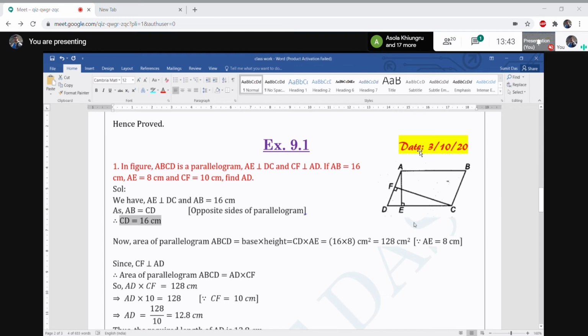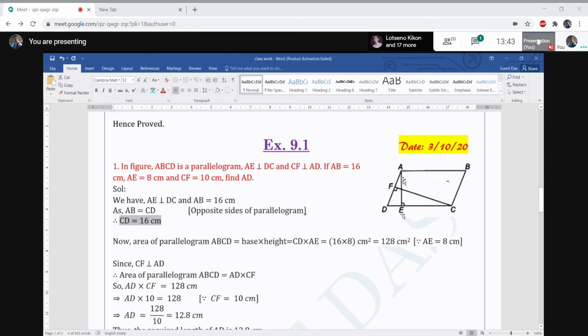So the area of parallelogram ABCD will be base into height. If we consider CD as the base, then we consider AE as the height. When we consider AD as the base, we consider CF as the height. Am I clear?